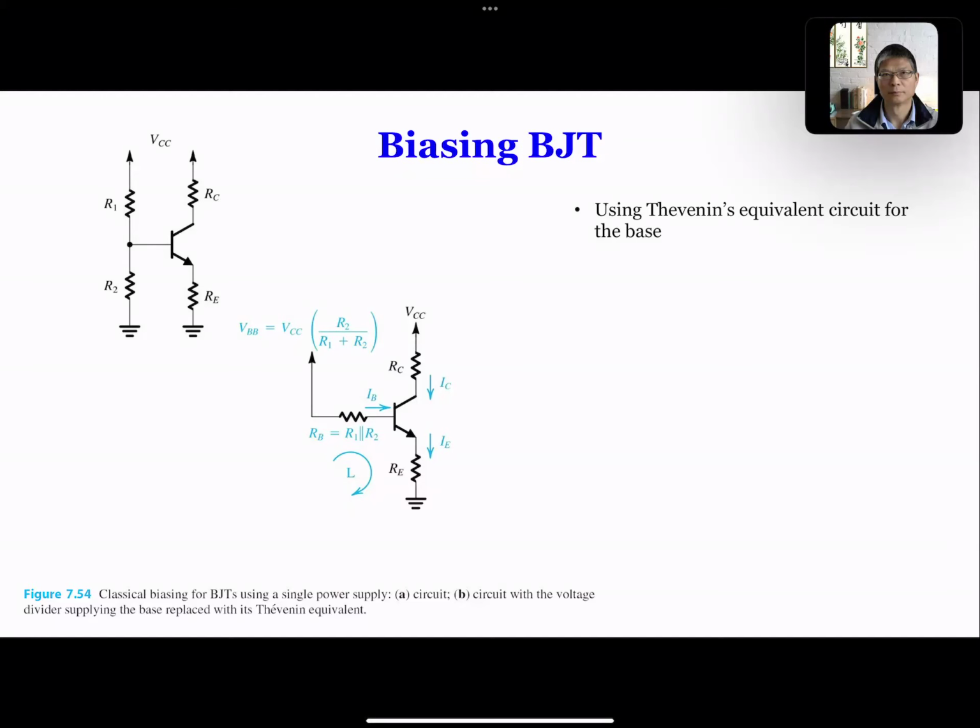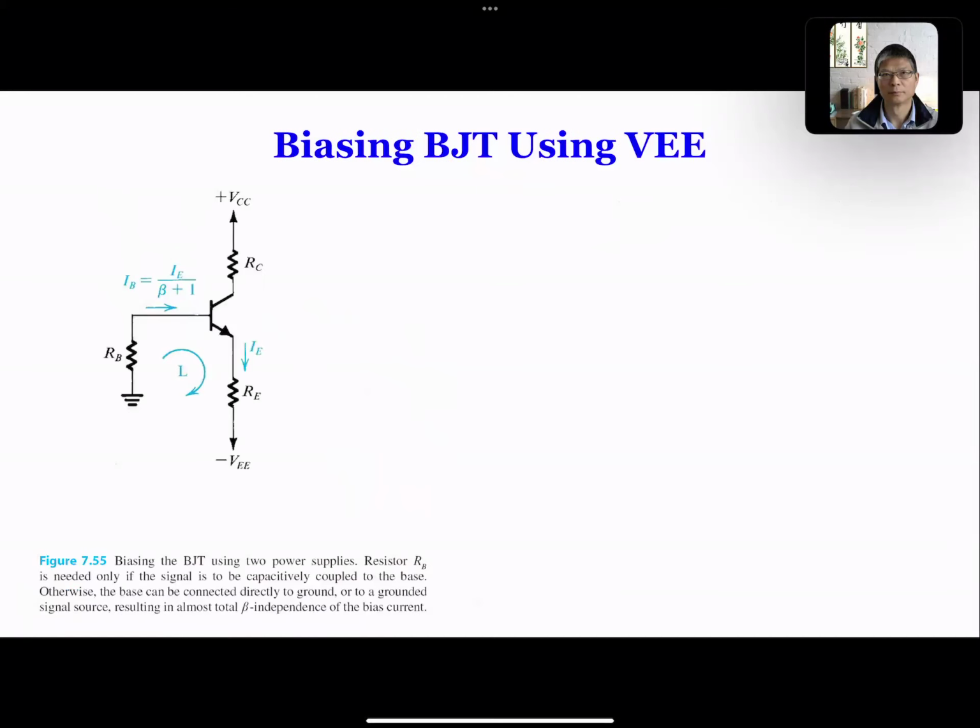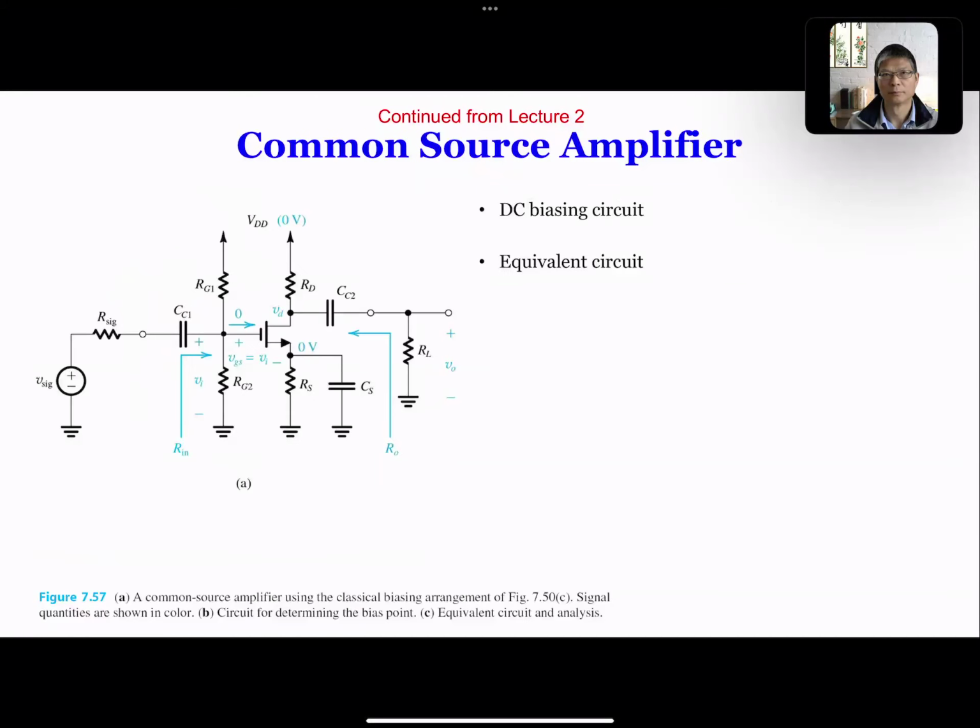But most importantly, once we get to the amplifier, you're going to see a lot of circuits in the future have capacitors in them. Last week, we already discussed what happens to the capacitor at DC and at AC. Remember, a capacitor is an AC component.